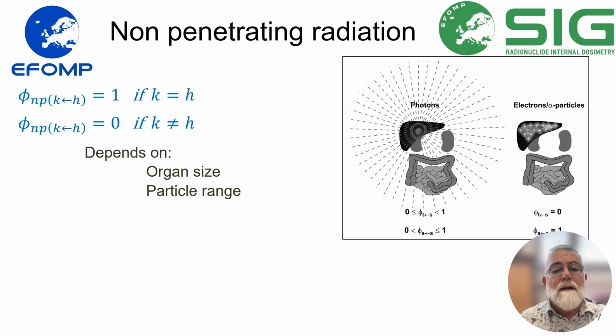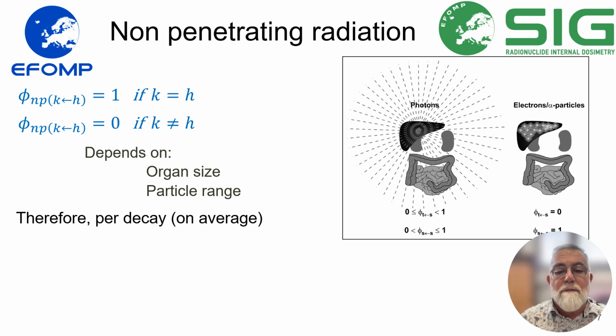And obviously, it means that the absorbed fraction for non-penetrating radiation is 0 when source and target are different. Obviously, this is going to depend on the organ size and particle range. So you need to have a radiation range that is much, much smaller than the organ size to be in a condition of non-penetrating radiation.